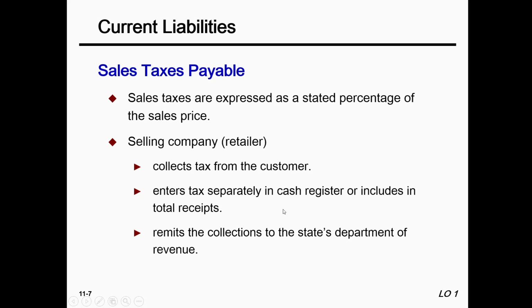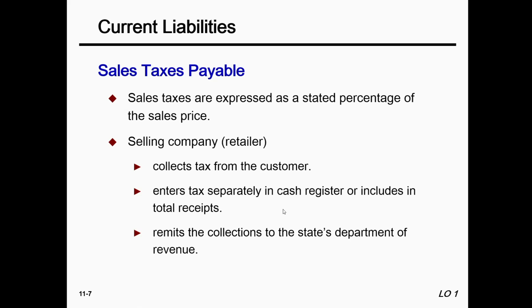Enter tax separately in the cash register or include it in the total receipt. Now there are two ways. When you collect the sales tax from the customer, either your software or your ERP records it separately. When I say separately, it means that the sales tax amount is recorded separately from the sales revenue.